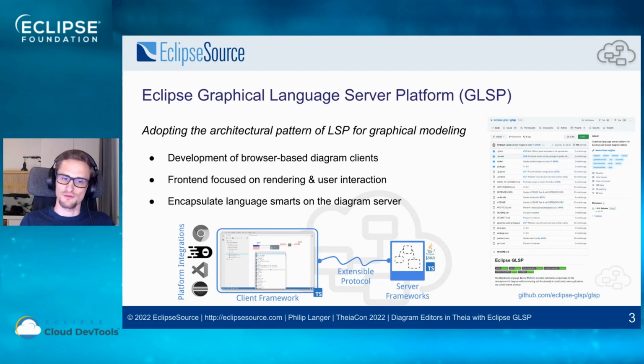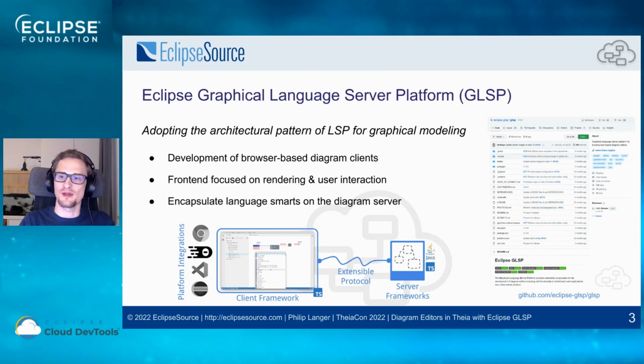That means in terms of diagram editors, for instance, model management, model manipulation, model validation, and all those kind of things are all encapsulated in a diagram language server and separated from the front end, which is then running in the browser.